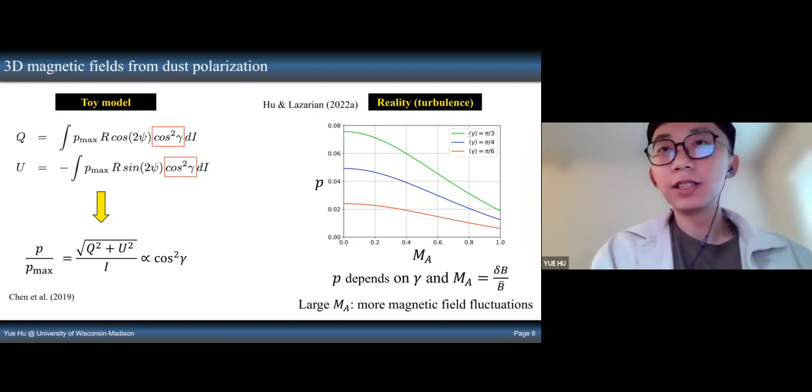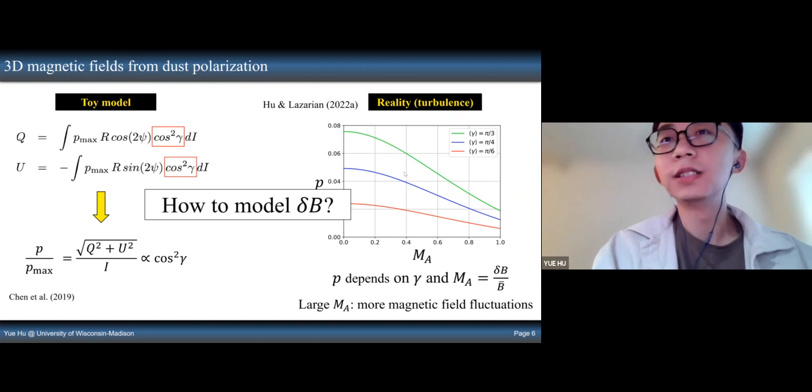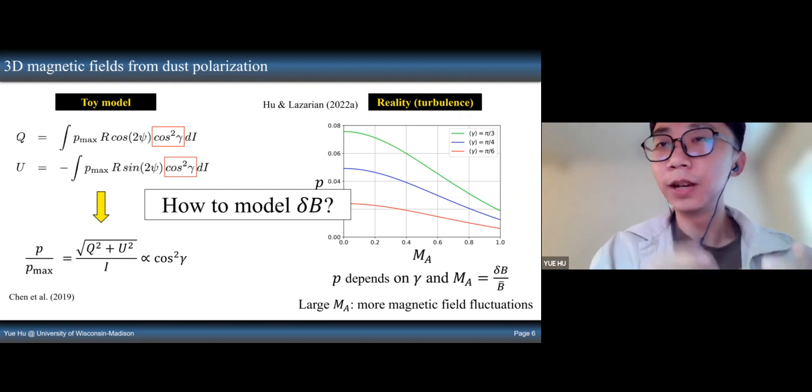Therefore, there's a degeneracy: the polarization fraction depends on the fluctuation and also on the inclination angle gamma. We need to model the fluctuation very carefully in order to solve for the inclination gamma. That's what I'm going to do: model the fluctuation part of the magnetic field.